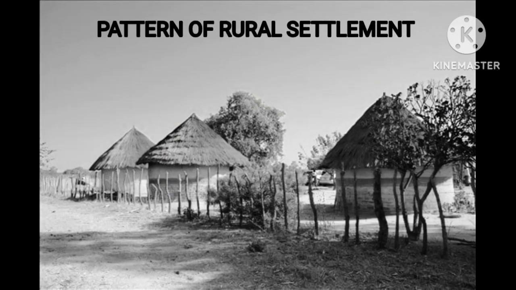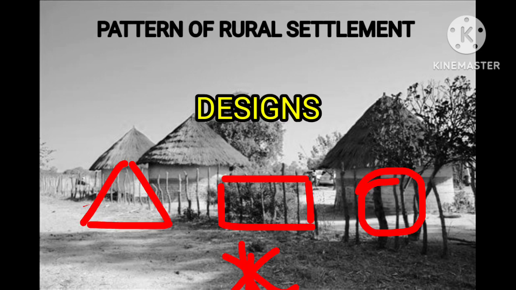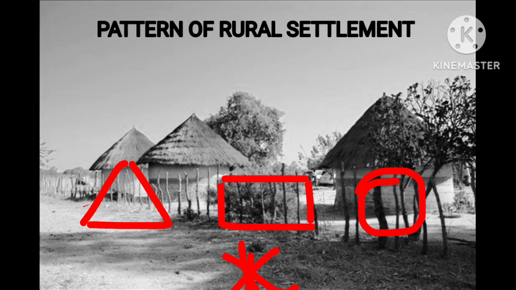Now let's discuss the design or pattern. I told you before also, the pattern and the types are not the same. Pattern means the specific design, how they are developed. They may be developed in a triangle shape, a rectangular shape, a square or circular shape. This is called the pattern.